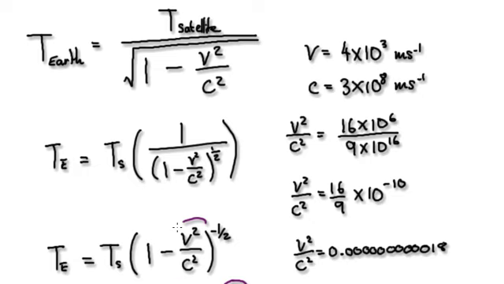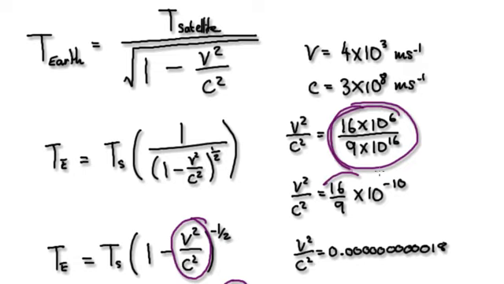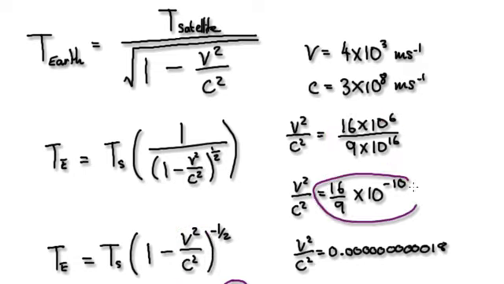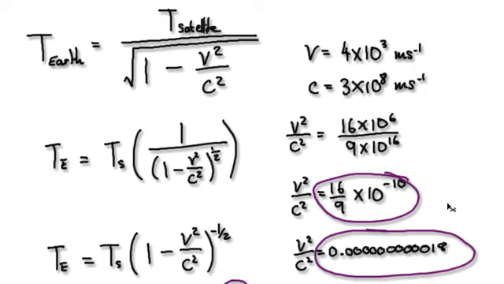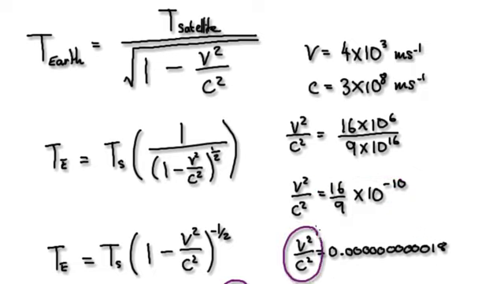When you square the v and square the c, it becomes this, and then this becomes this. You can see that v squared over c squared is a very small number.